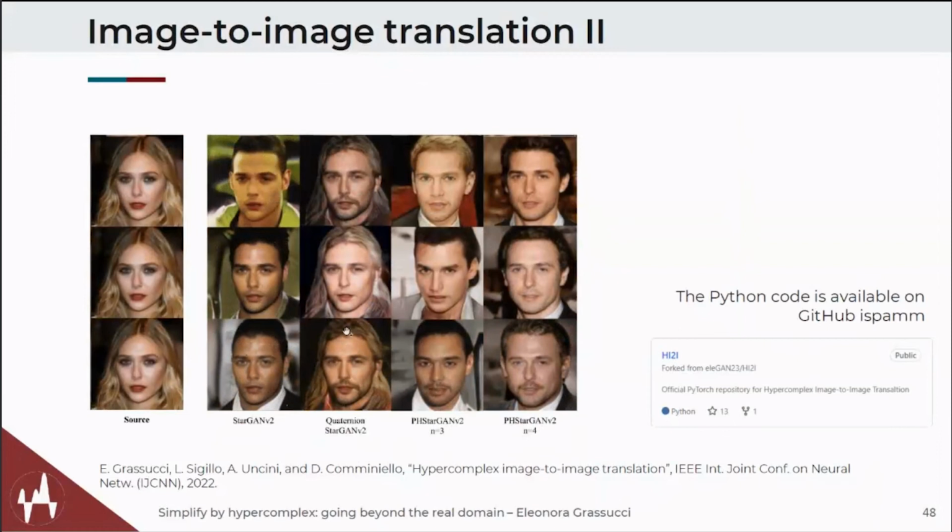Also, Quaternion StarGAN sometimes fails to properly translate all the attributes. Again, the code is publicly available, so anyone can repeat the experiments or download the checkpoints and so on.